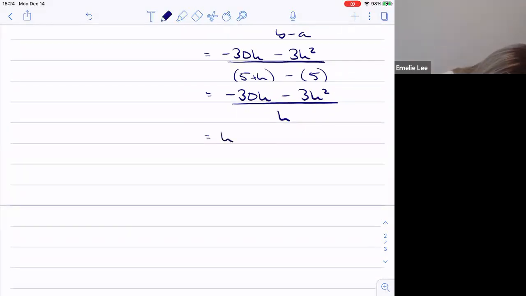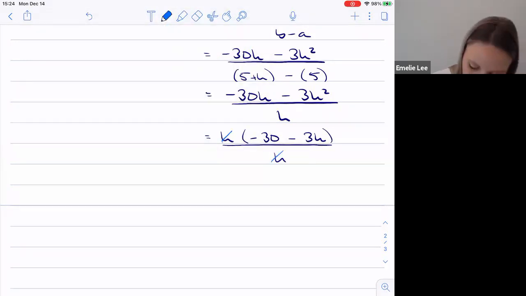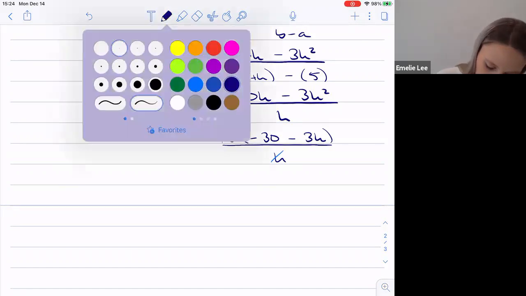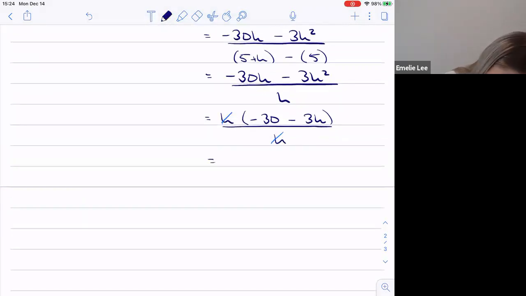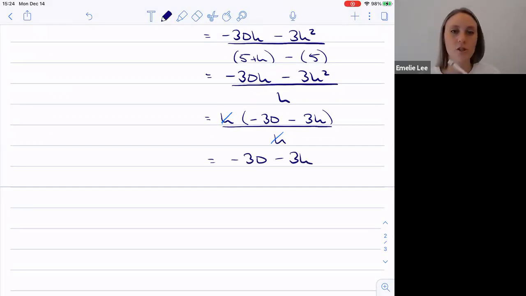So I have h times negative 30 minus 3h over h. This h is going to cancel with this h. And so the average rate of change is negative 30 minus 3h. Okay.